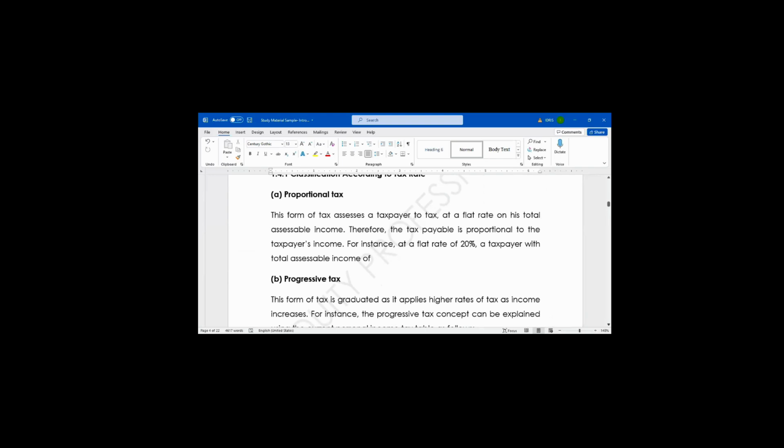What does that mean? It means your tax rate will remain the same, either your income is going up or your income is coming down. The tax rate still remains the same.